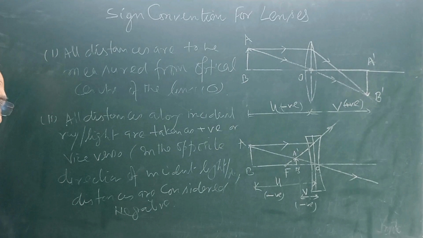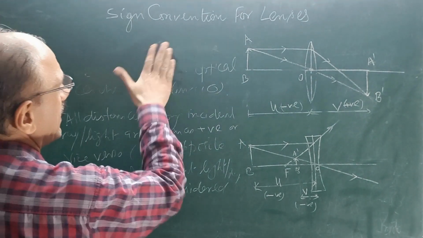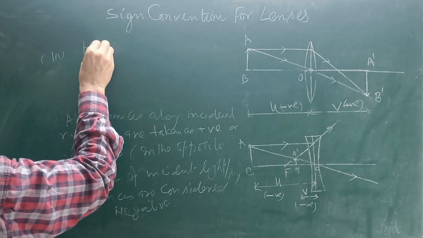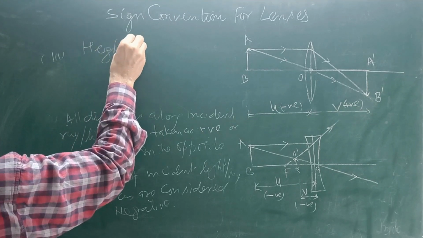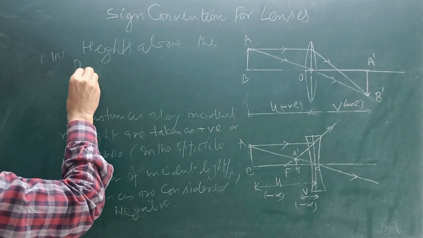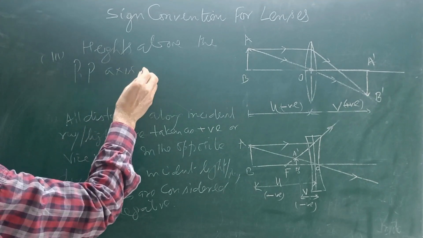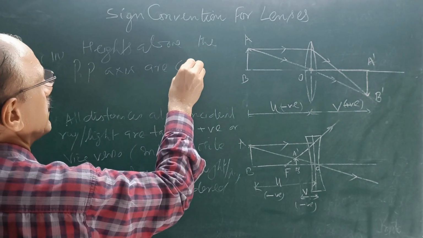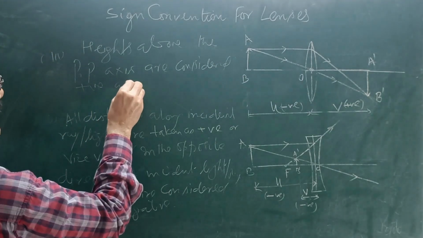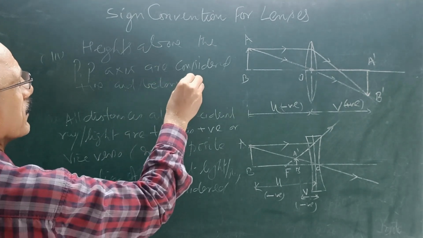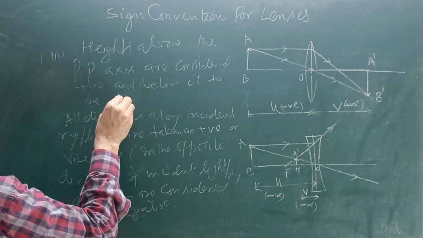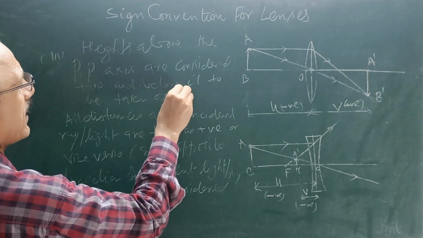And the third is the same as that of the spherical mirror. Heights above the principal axis are considered positive, and below it to be taken as negative.